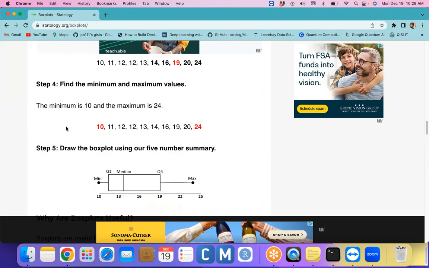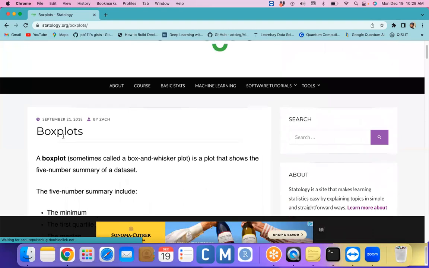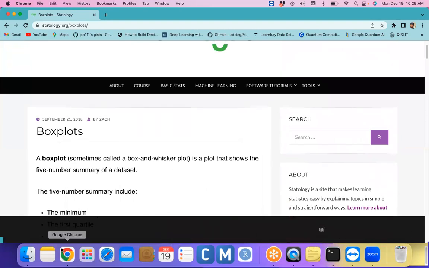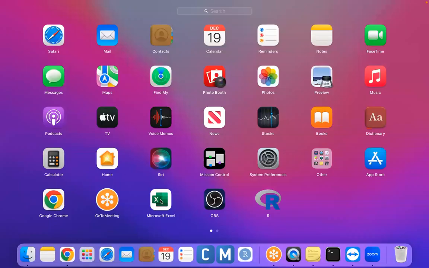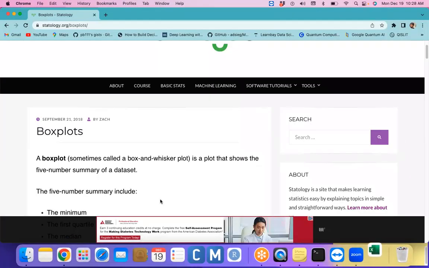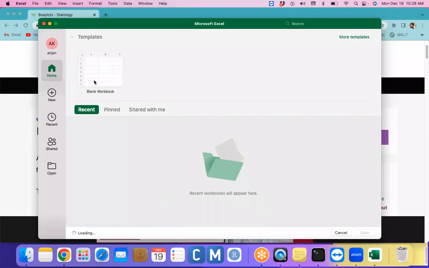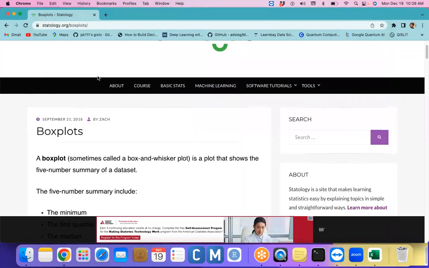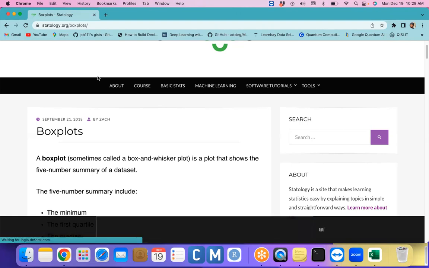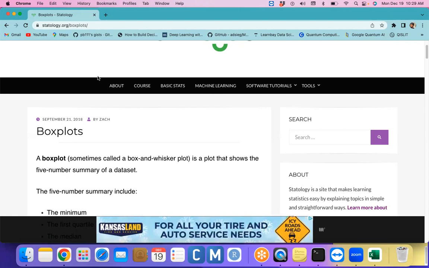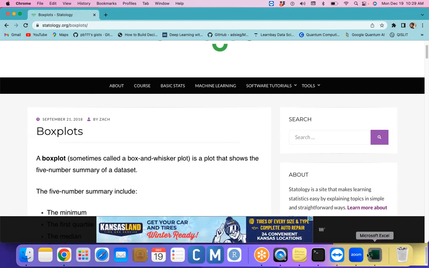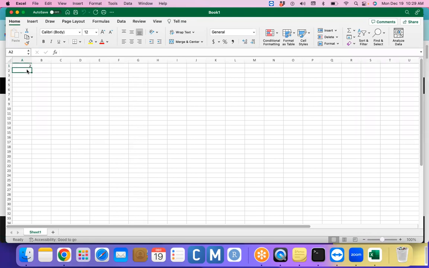Clear? So hopefully you understood how we can do the box plot. And just for the sake of understanding, I can do it in Excel. See, let's have data something like this.